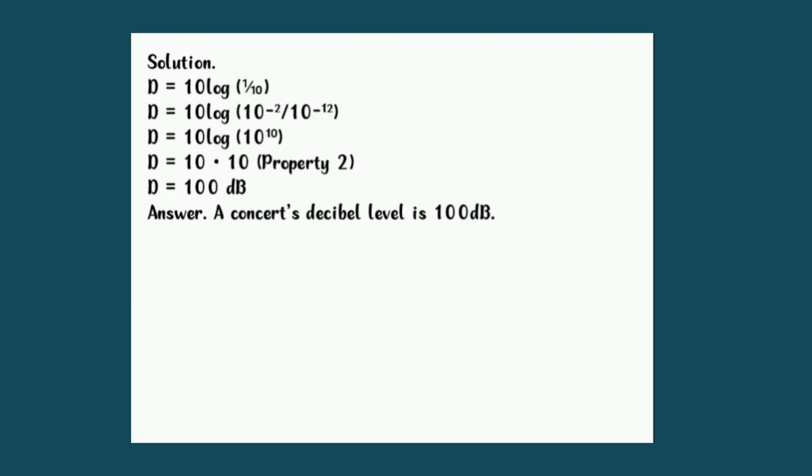D equals 10 times 10 by property 2, and that is D equals 100 dB. Answer: the concert decibel level is 100 dB.